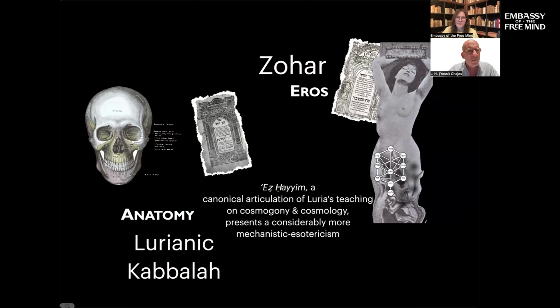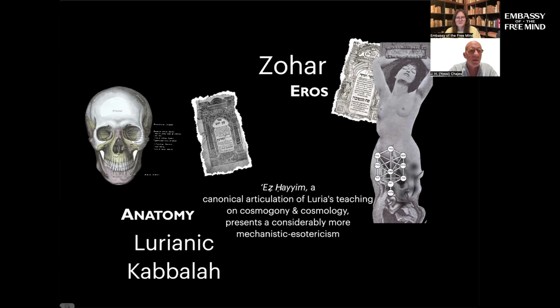But the gaze of Lurianic Kabbalah on the divine is very different than the gaze of the Zohar upon the divine. The gaze of the Zohar upon the divine is beautiful. It is eros, it's love, and it's full of desire, and it's very tangible. And the gaze of Lurianic Kabbalah is quite clinical.